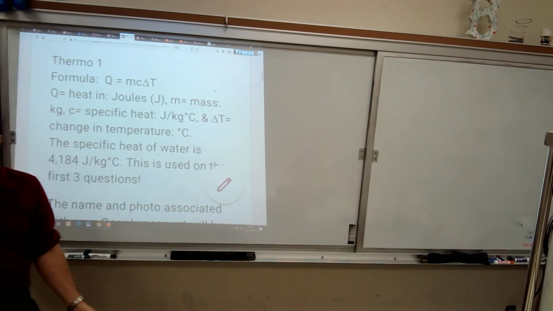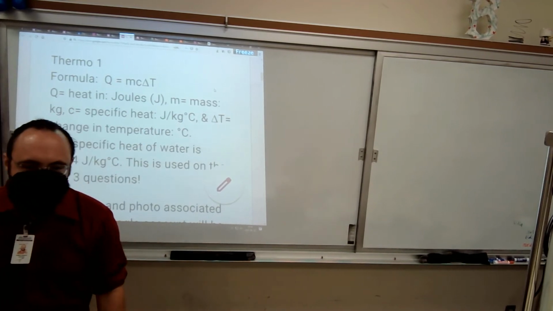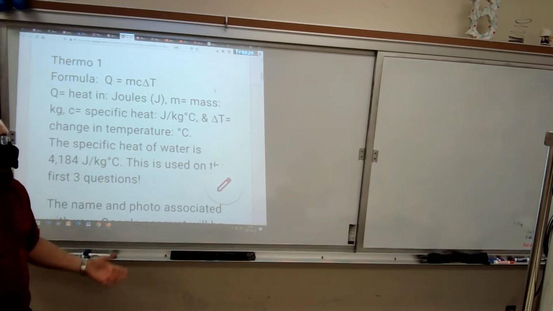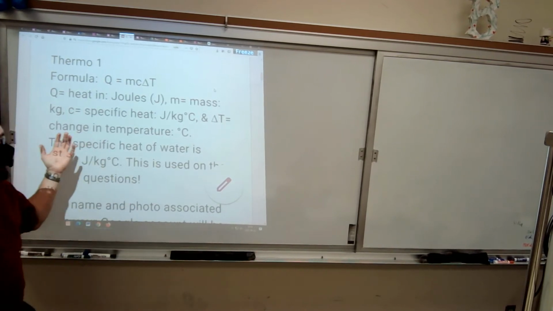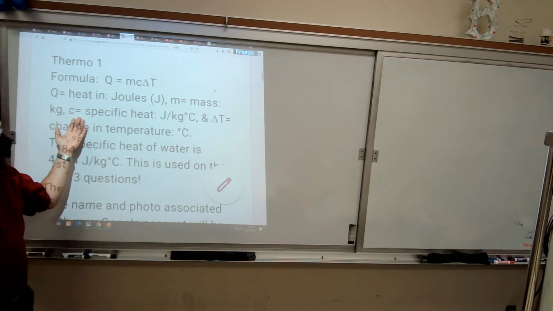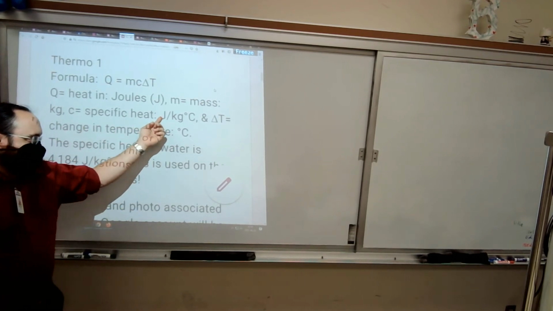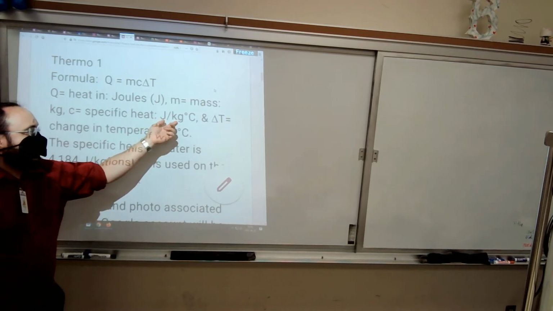So if it gives you grams, you don't have to convert it to kilograms necessarily. You can just use the grams, and if it's asking for specific heat, it'll just end up in whatever energy you're using per gram times degree Celsius.